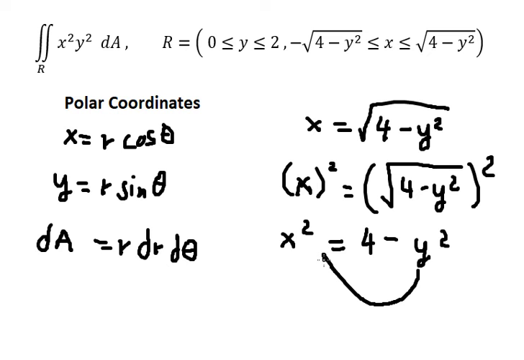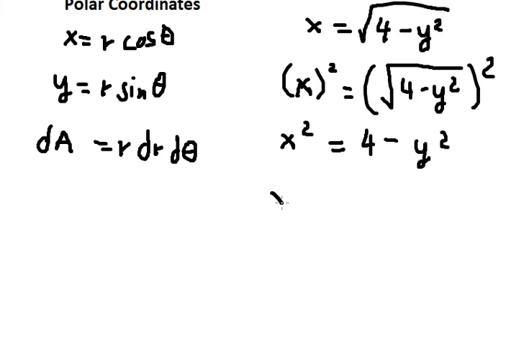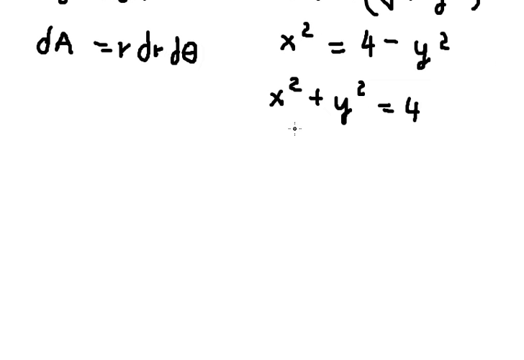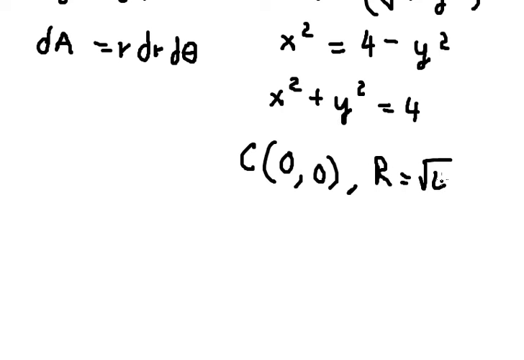So I will put this one to the left. So we know that this is a circle with the center 0, 0 and the radius is the square root of 4. So we have 2.